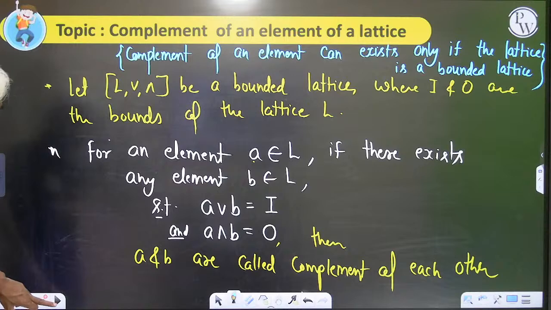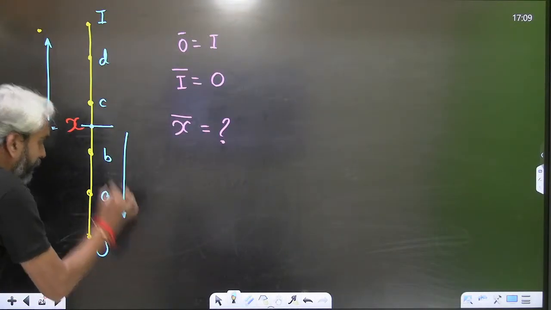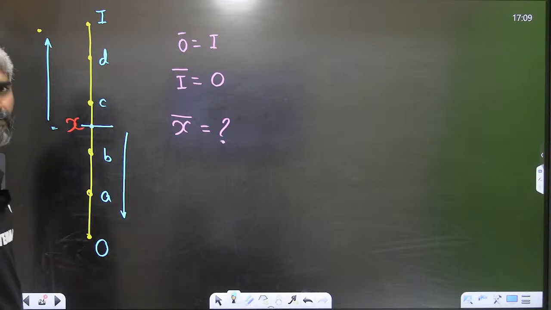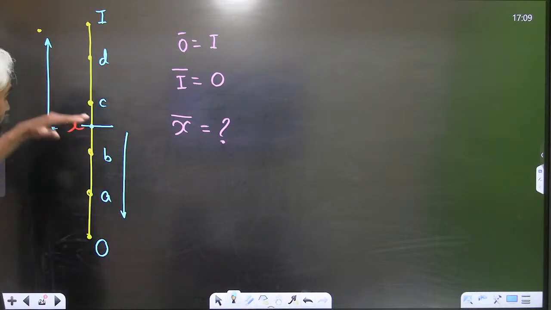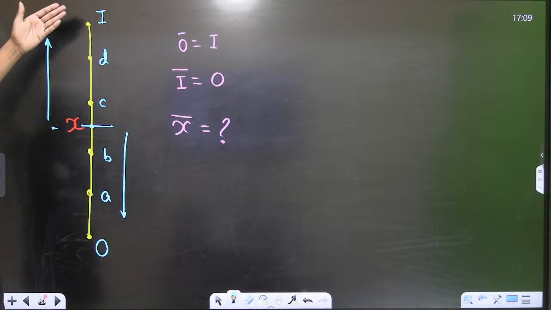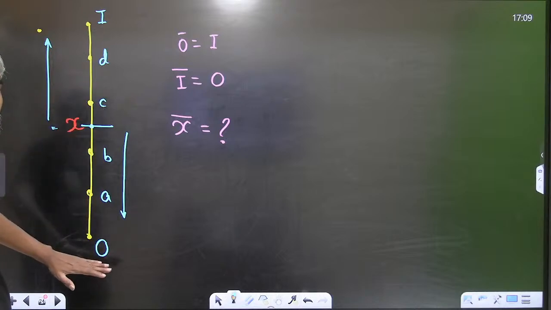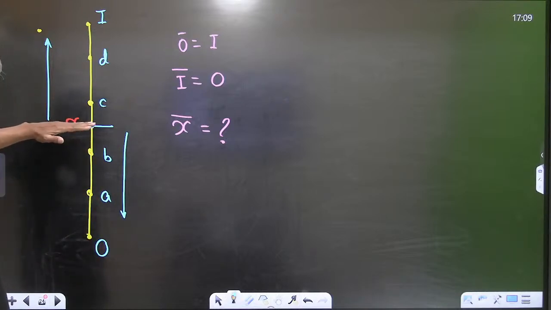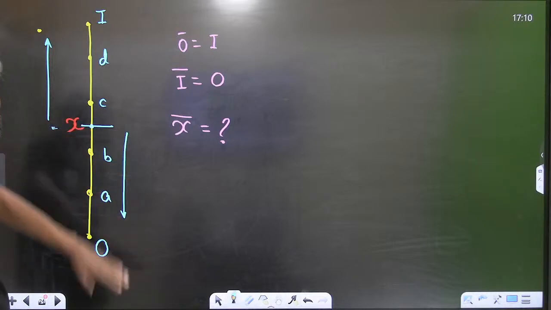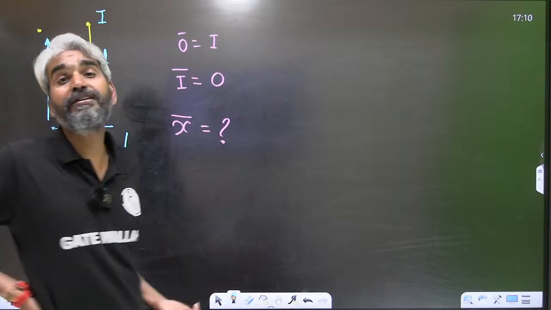Similarly, if you take any element below X, then the least upper bound of that element with X will be equal to X. It cannot be I. So, above X, no element can satisfy the condition of greatest lower bound equal to universal lower bound. Therefore, the complement of X cannot exist above X. Similarly, the complement of X cannot exist below X, because that will not satisfy the condition with respect to universal upper bound.